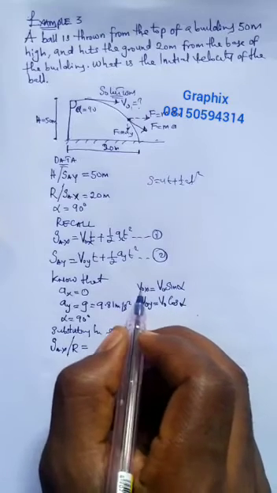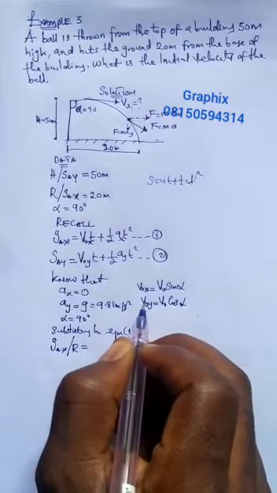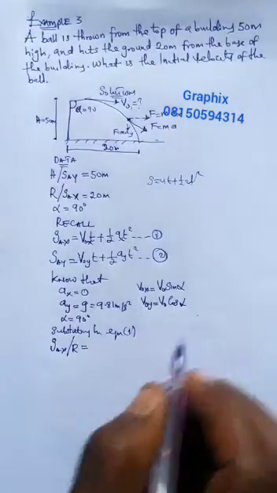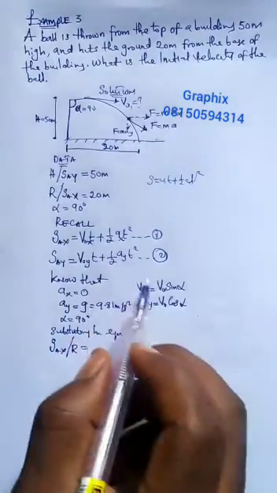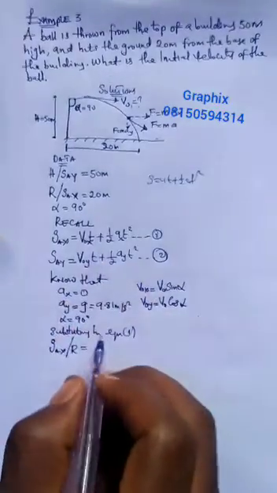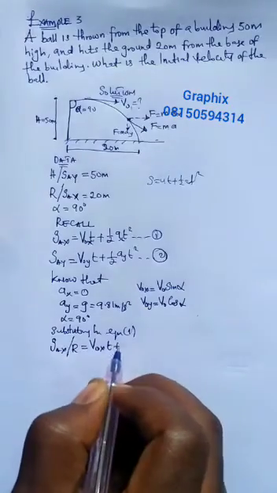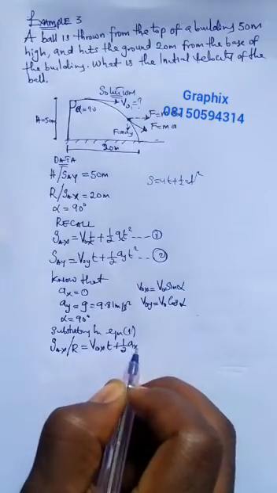So VOX is velocity along x-axis, VOY is velocity along y-axis. So this will proceed, which will give me VOXT plus 1 over 2 AXT squared.